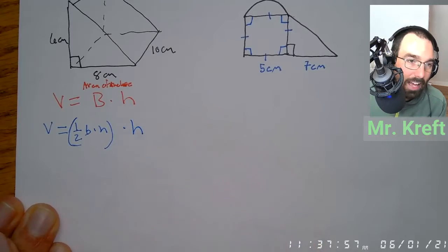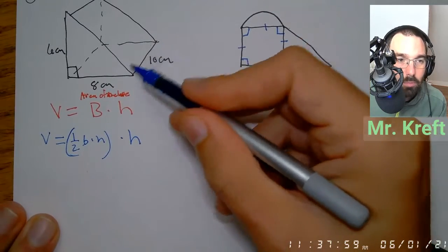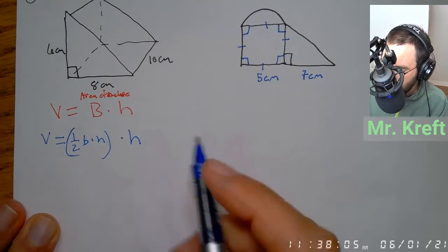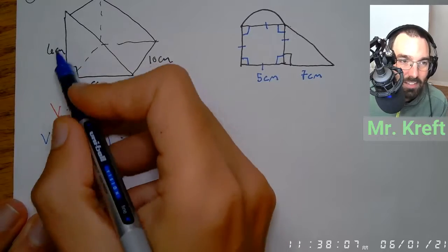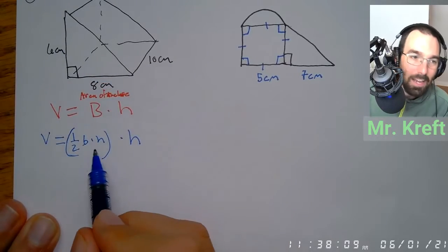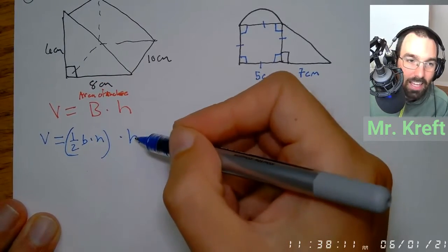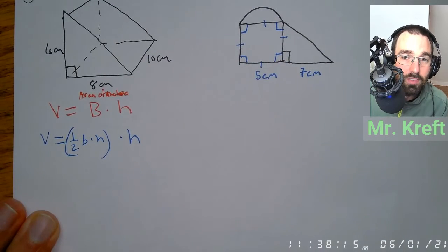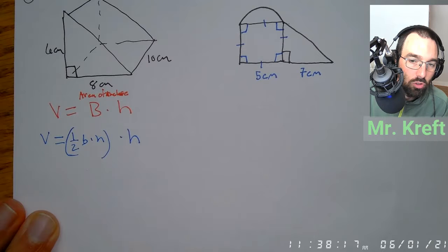That is different than the height, which is the distance between the two bases. I know that can be confusing, and that's why we've got to work on it. The h in here represents the height of the triangle because it's the area of the triangle, whereas the H out here represents the height of the three-dimensional shape, or the distance between the two bases.